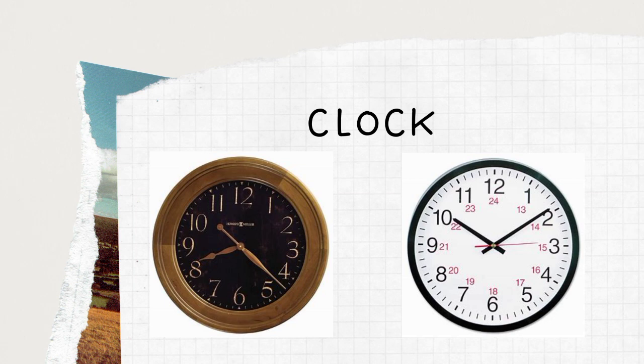So, the left side is hanggang 12 lang ang number. In the right side, may 12 na siya, then may maliliit na number sa gitna. So, yung nasa right side is yun yung nasa military clock or 24-hour clock format.